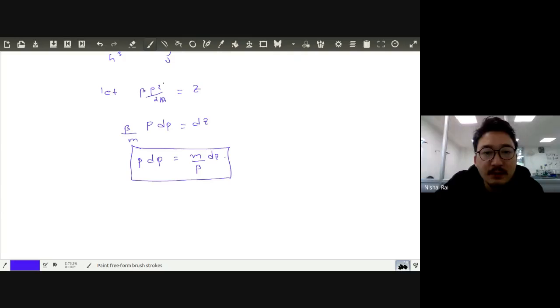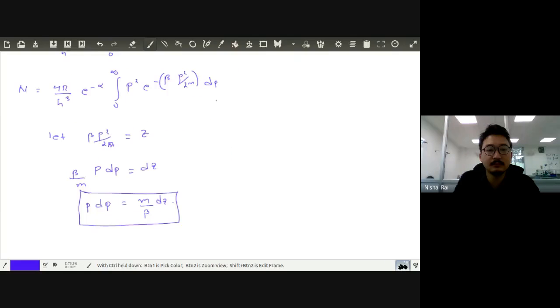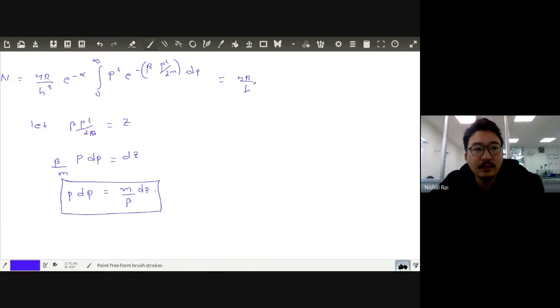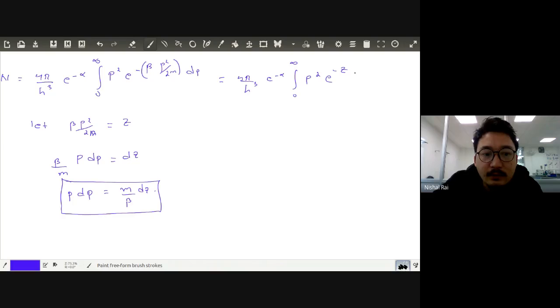And also you can see p square will be what? So basically this will turn out to be what? 4 pi h cube, e to the power negative alpha, 0 to infinity, p square e to the power negative z into dz divided by what?